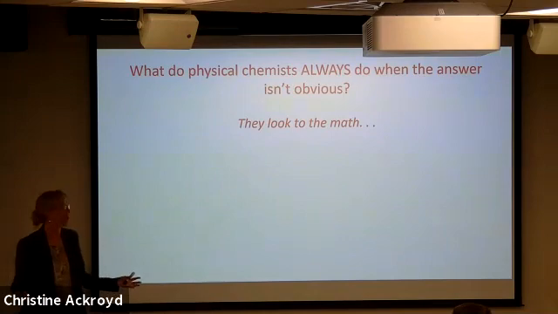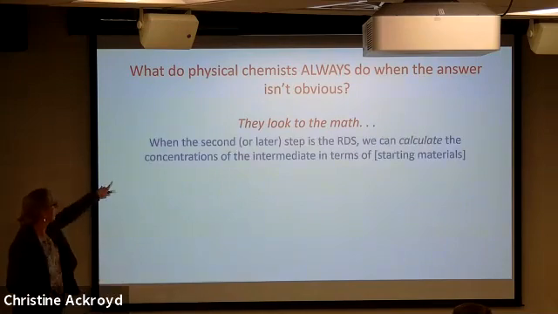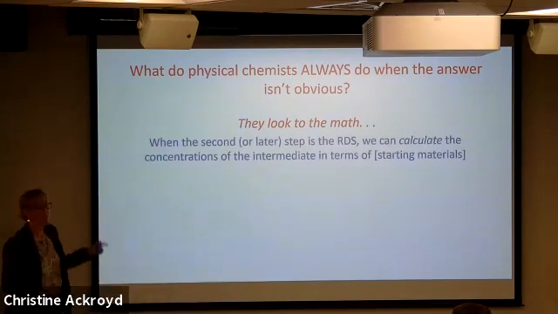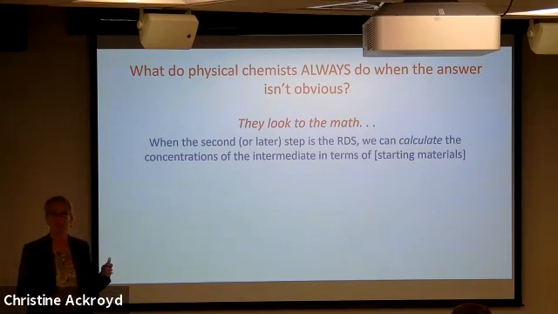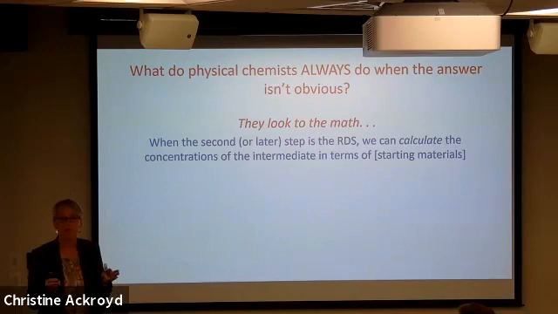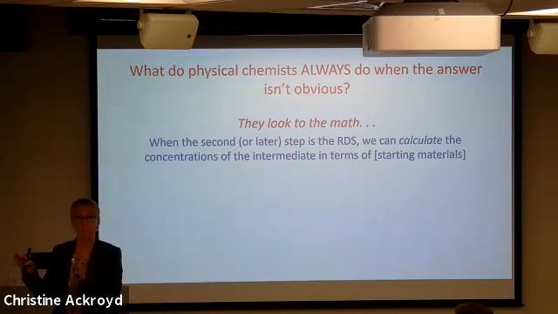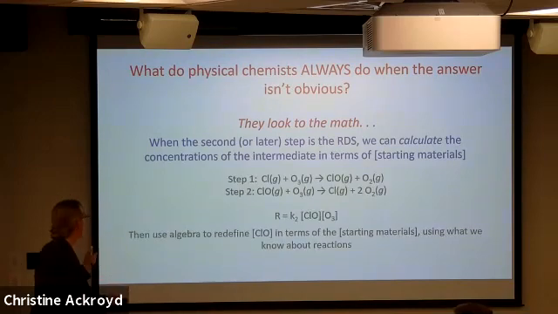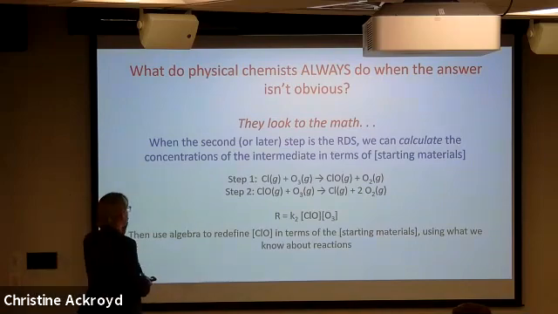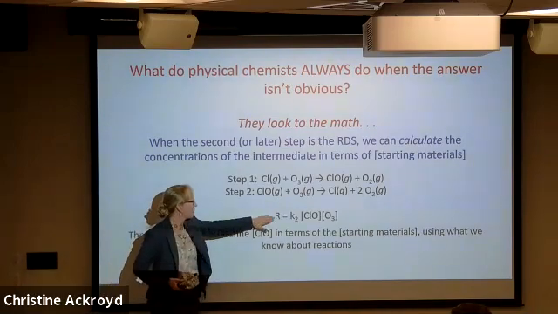So what math and algebra can we do to pretend that we're actually physical chemists? We look to the math, right? So what we do is use algebra to calculate the concentration of the intermediates from the concentrations of starting materials. Okay. So this is what we have.